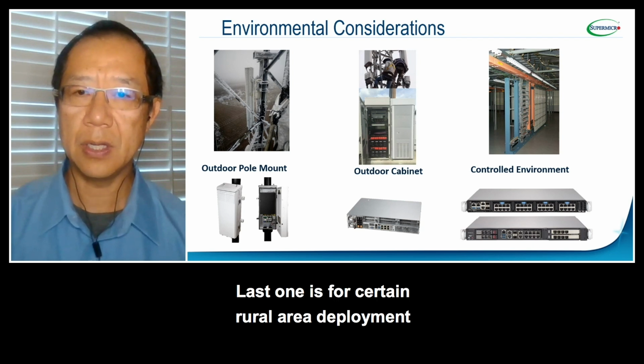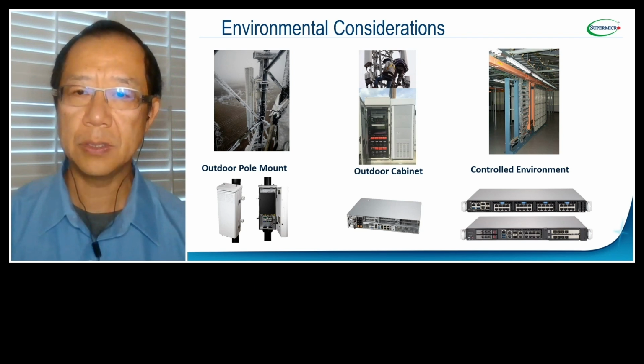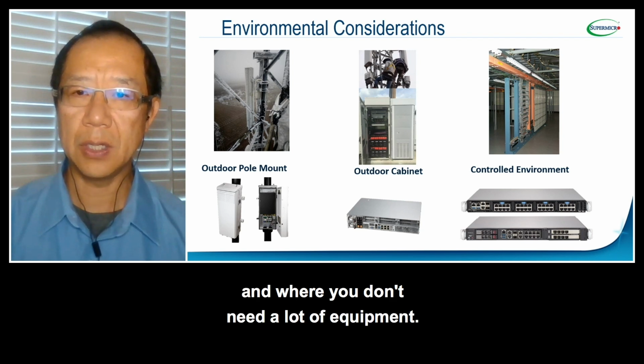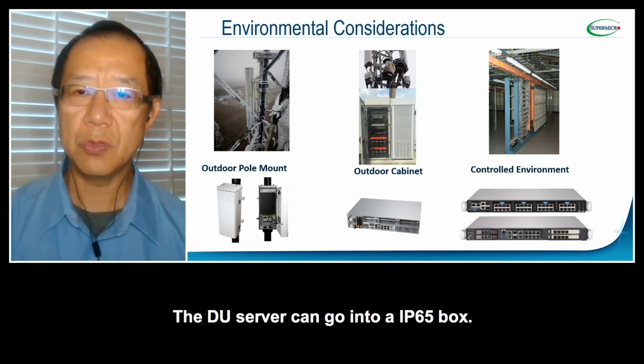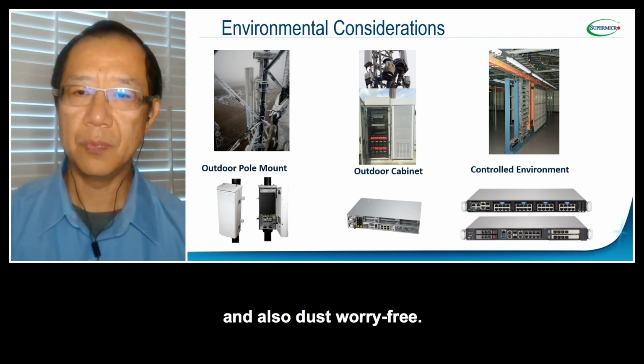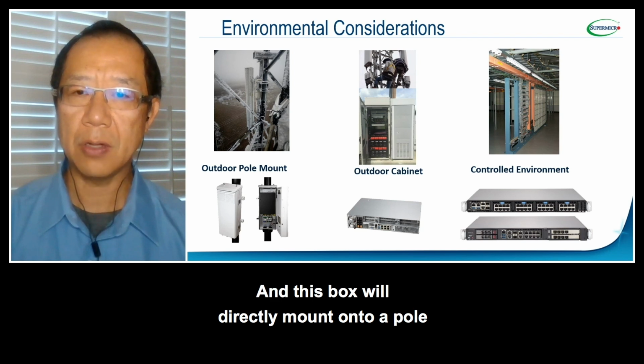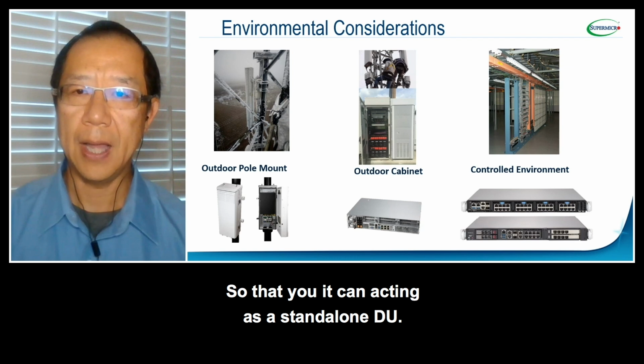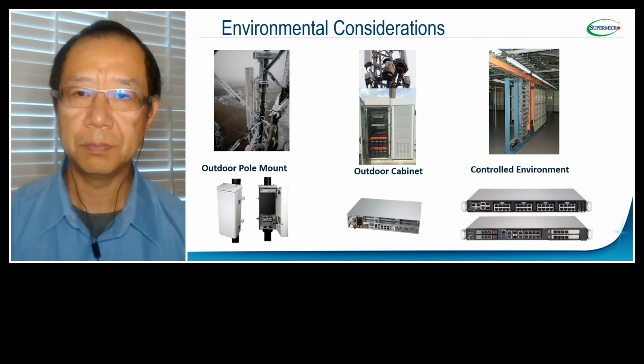Last one is for certain rural area deployments where you don't need a lot of equipment, the DU server can go into an IP65 box. IP65 basically means the box will be waterproof and also dust worry free. And this box will directly mount to a pole so that it can act as a standalone DU.